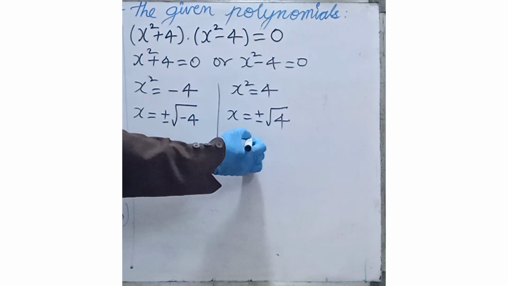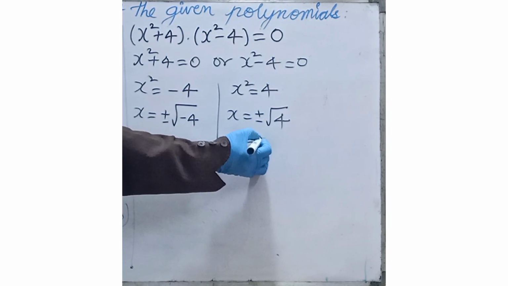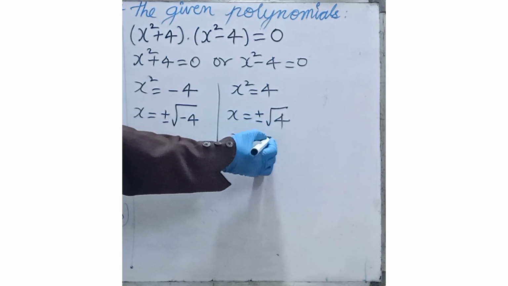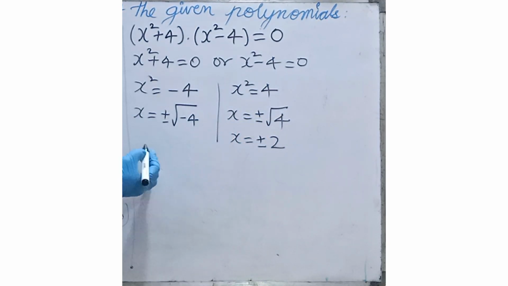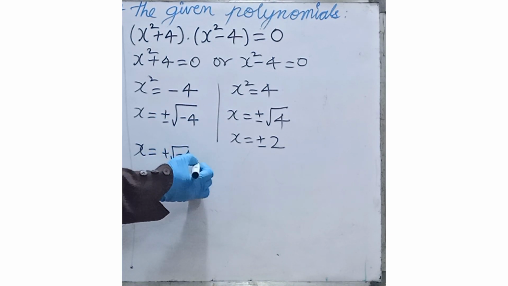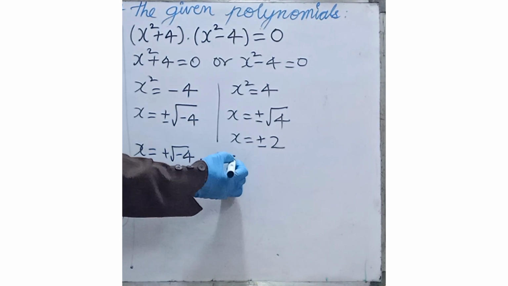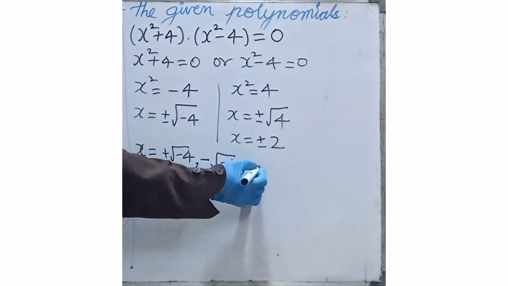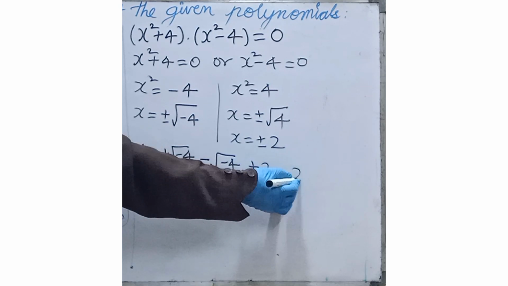Since we know the value of root 4, root 4 is what? 2. So we got 4 values here. x equal to plus root minus 4, minus root minus 4, plus 2, comma, minus 2.